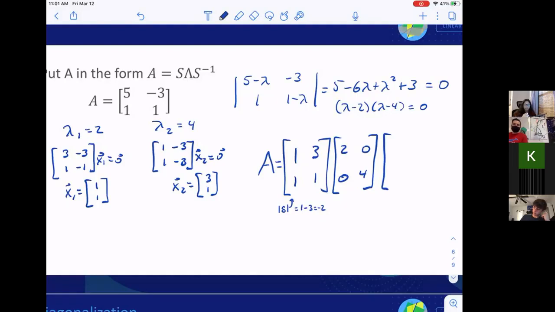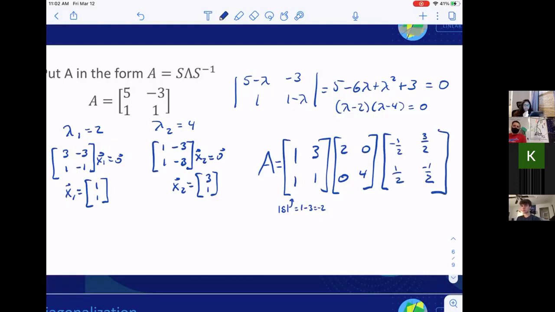So all I do is I switch the numbers on the main diagonal and divide by the determinant. So I'll switch the 1s and then divide by the determinant. And so I'll have a -1/2, -1/2. And then I'll switch the signs on the other diagonal and divide by the determinant. So I'll have a -3 over -2, which is 3/2, and a -1 over -2, which is a +1/2.